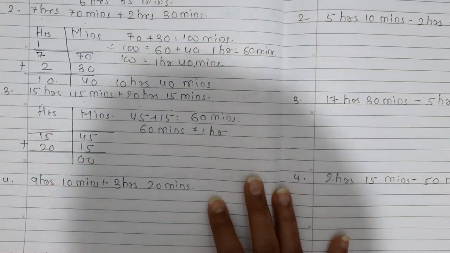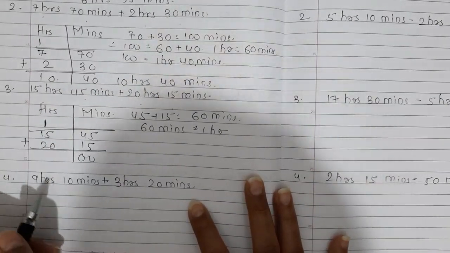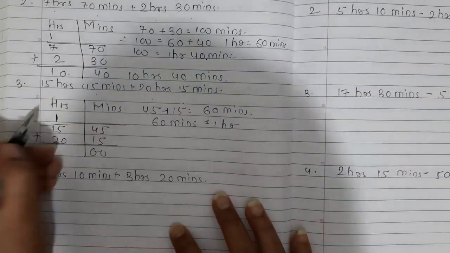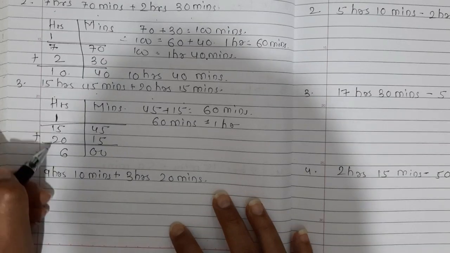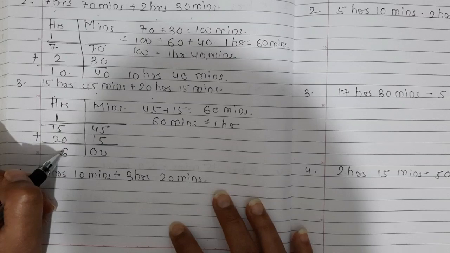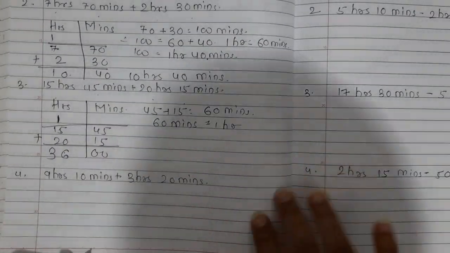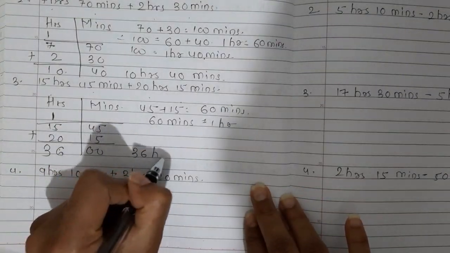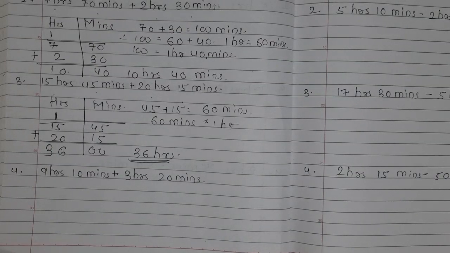So you will write 00 over here and take the hour to the hour column. 1 plus 5, 6, plus 3 is... 36 hours is the answer. Got it?